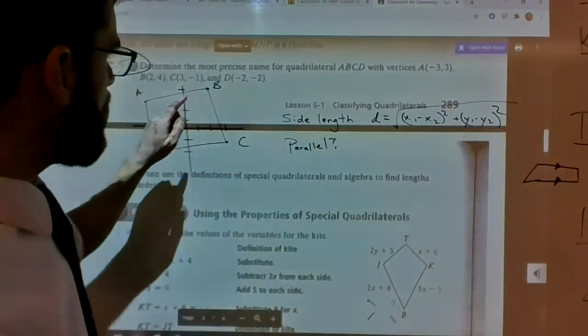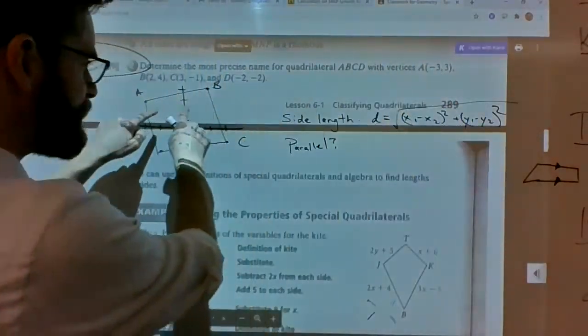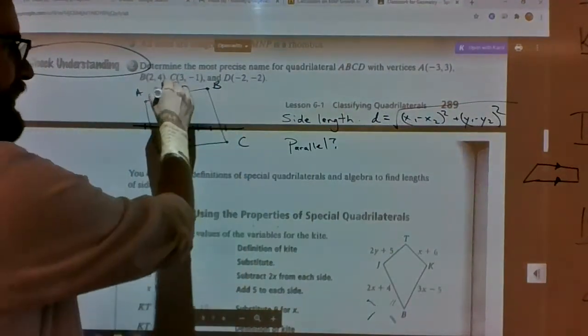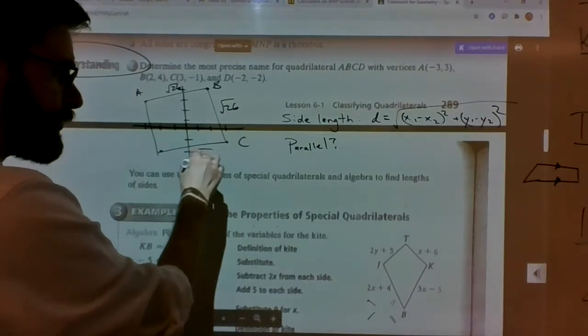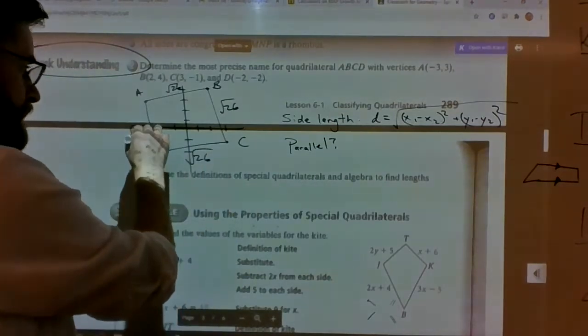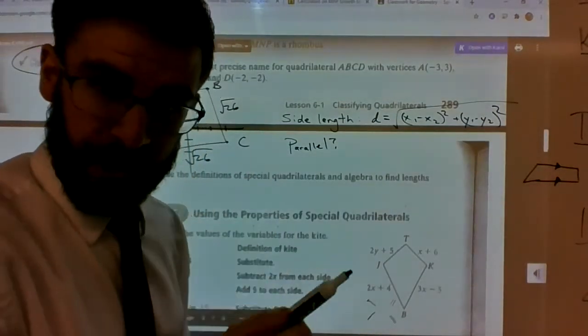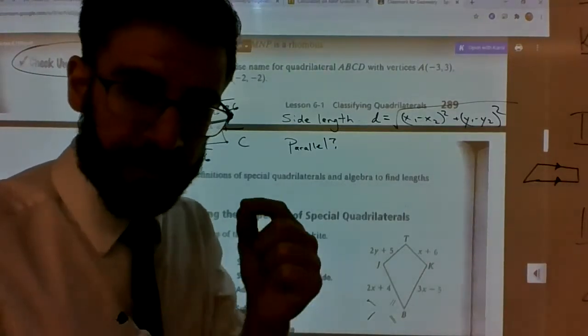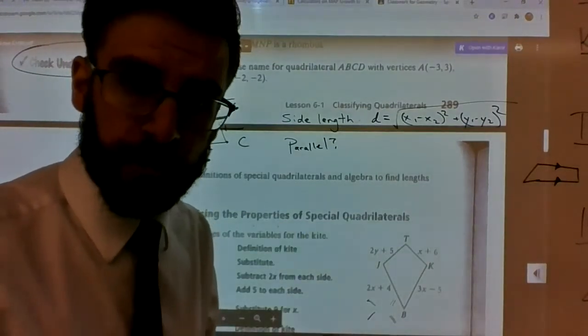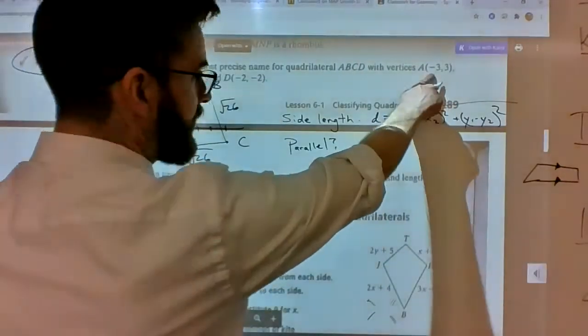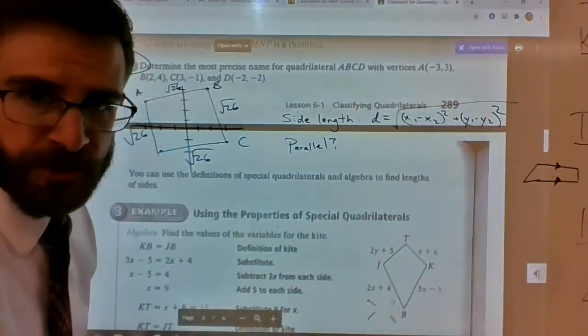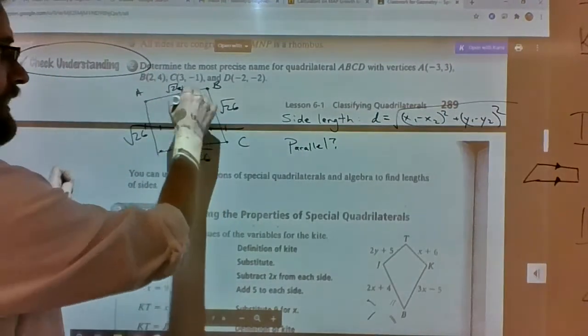When I plug all these coordinates into the distance formula, I get that each of these sides is root 26. I'm not going to go through all that in the notes. If you need help with the distance formula, I would suggest plugging into a YouTube search engine how to find the distance between A and B. I'll leave that up to you guys. But bottom line is they all came out to be the same.